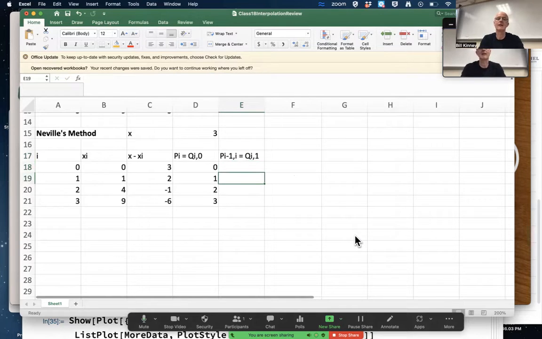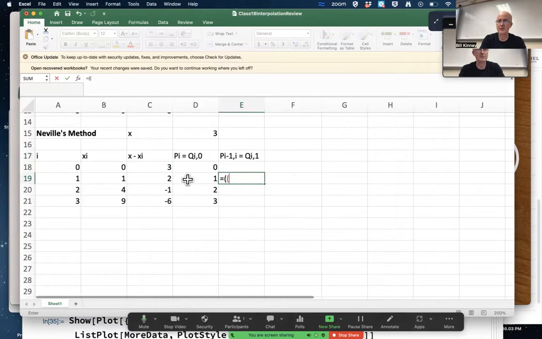Okay. Start here. And then it was tricky. Start in the upper left. x minus x0. Oops, use parentheses too. x minus x0.